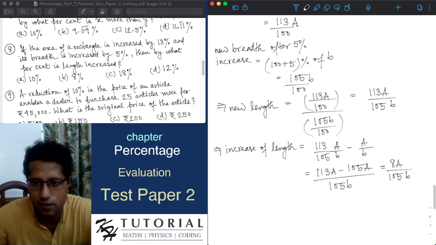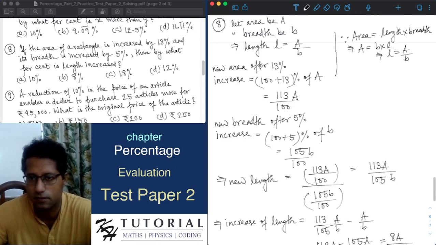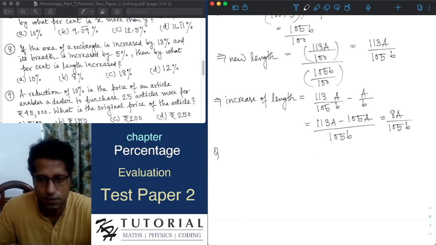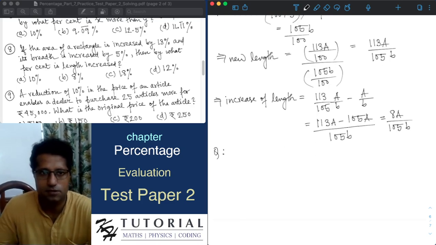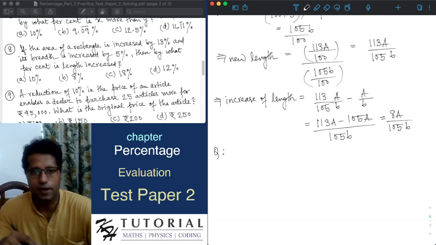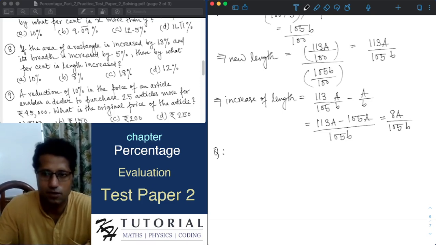Now we have to find what percentage this increase of length is based on the previous length, that is A by B. The question is asking by what percent the length is increased. This means finding the percentage of the increase in length based on the previous length.